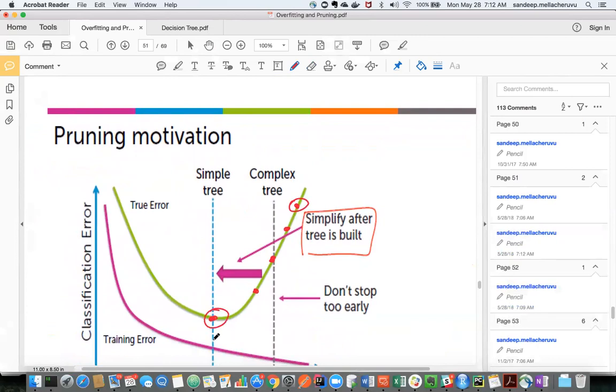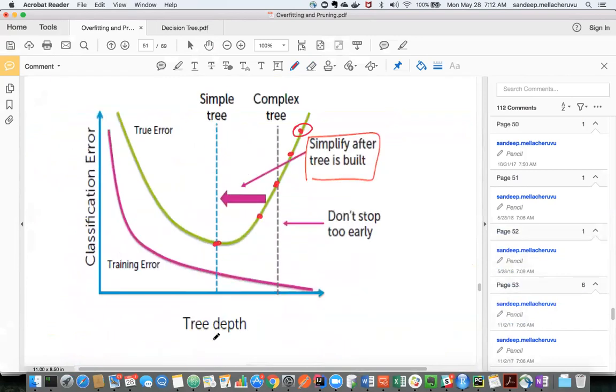We want to cut down the tree and get the least error, and at the same time we also want a minimum complexity tree. Okay, we want both of them together.